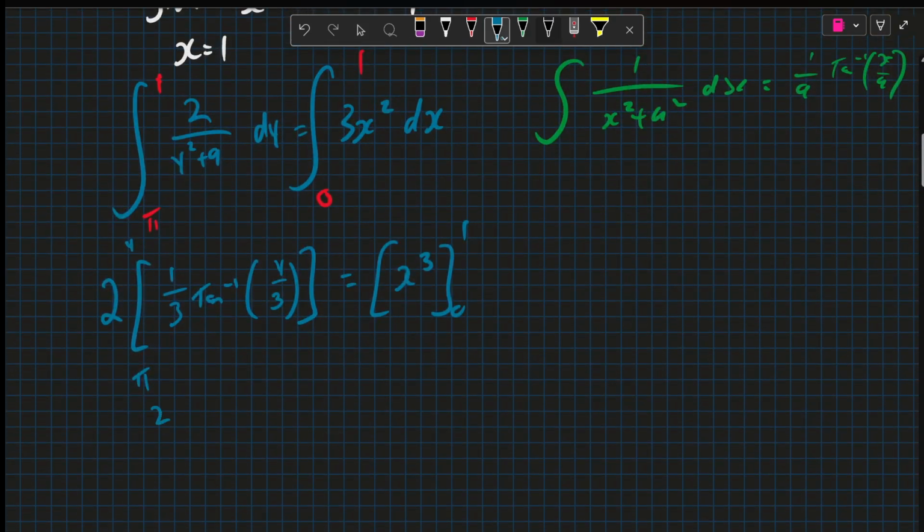So what we'll have is 2/3 tan inverse y over 3 minus 2/3 tan inverse of pi over 3 equals, that's going to be 1.